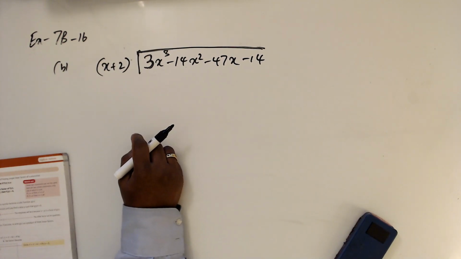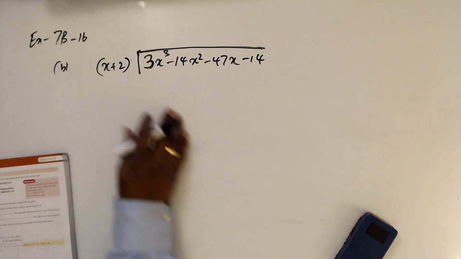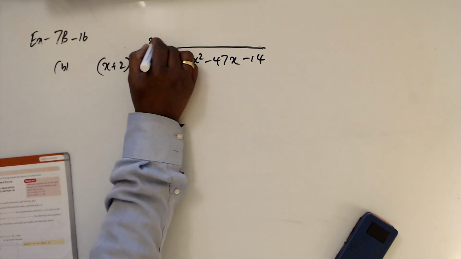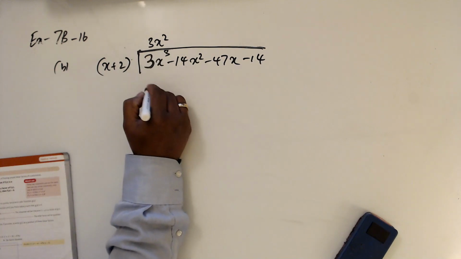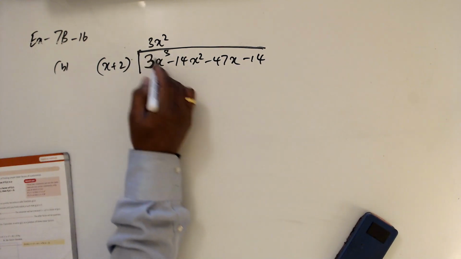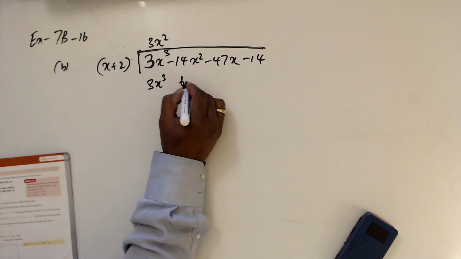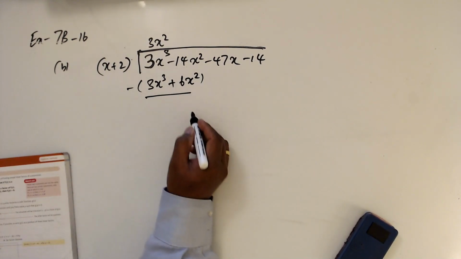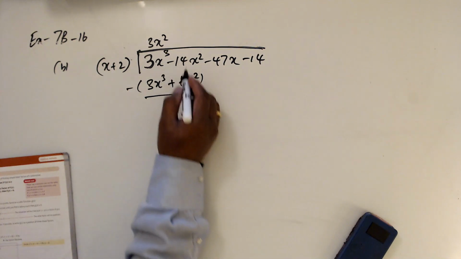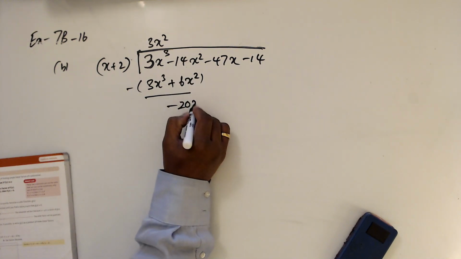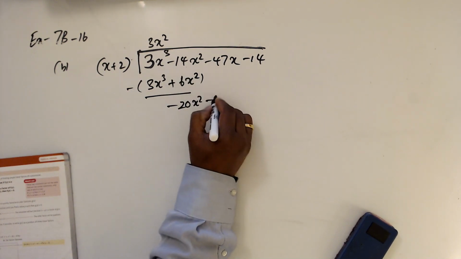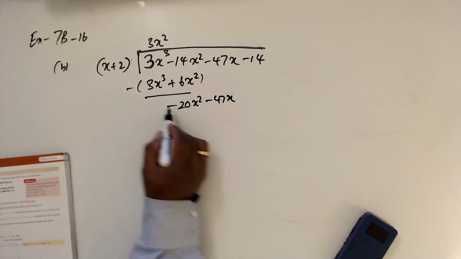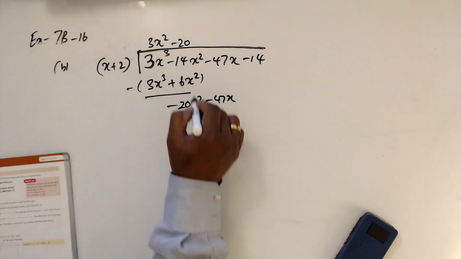Part B, we have to factorize this one completely. The same thing. This is 3x square, then 3x cubed, and 3 times 2, 6x square, and we want to minus those two. So this is going to be minus 20x square. Bring 47x down now to continue. This is definitely going to be minus 20x.